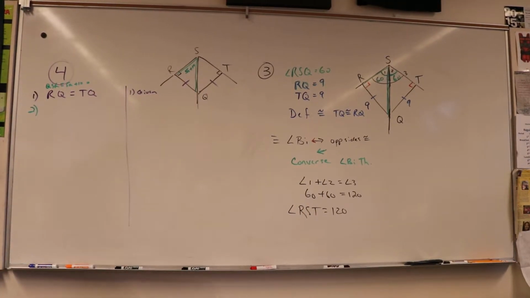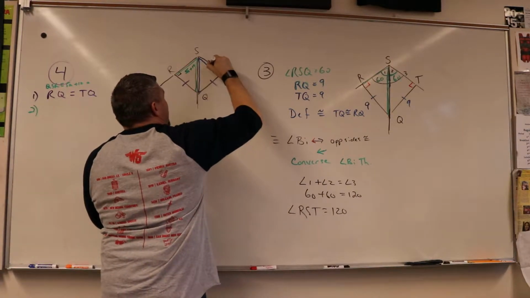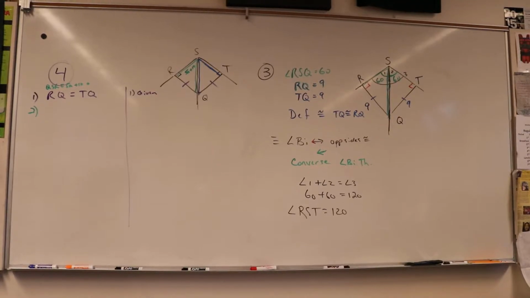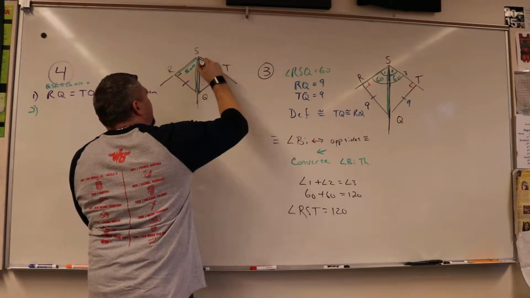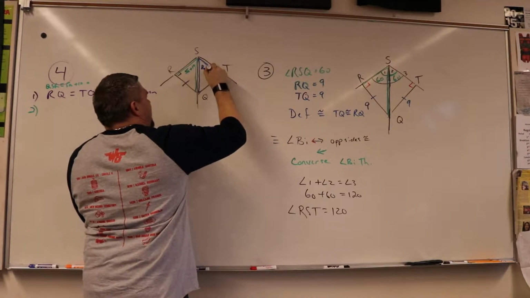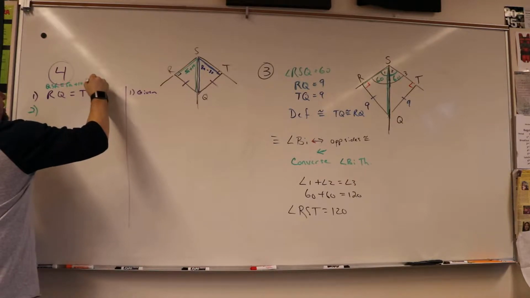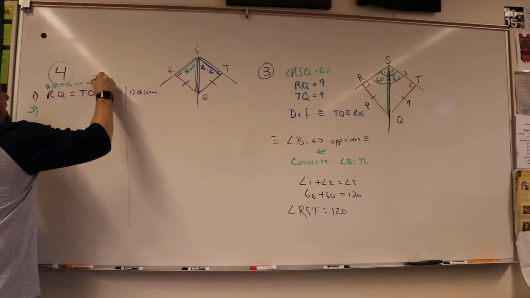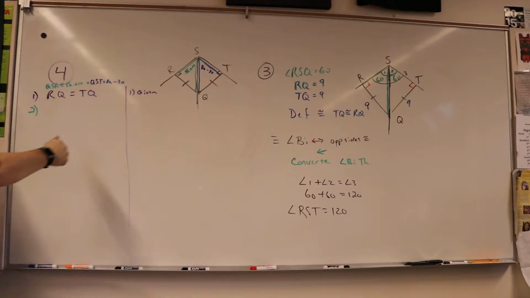It says QST is equal to 8A minus 20. So that means that QST is equal to 8A minus 20. So that's another given. So those are all given.